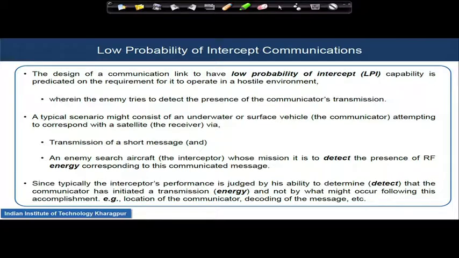When we design such a communication link with LPI, we already assume that there is a requirement for this kind of system to operate in a hostile environment, where there is every possibility that the enemy will try to detect the transmitted signal between a communicator and a receiver.